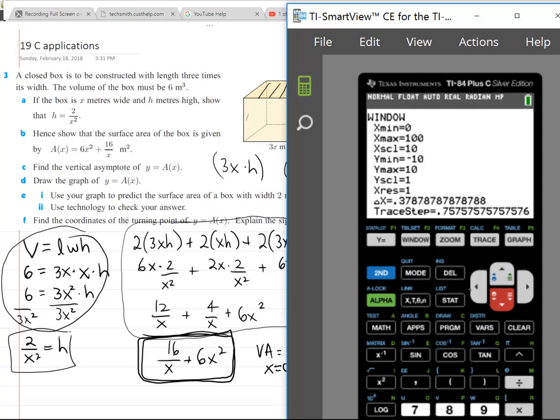I can't have any negative values for y because the surface area will never be negative. If x is 5, say, we're looking at maybe around 100 if we just estimate things, so again, just eyeballing it.